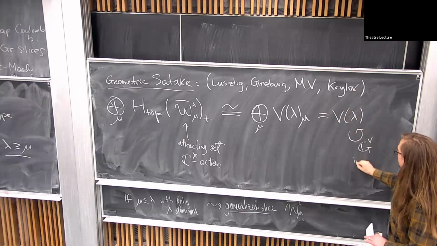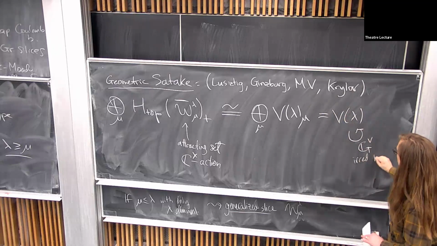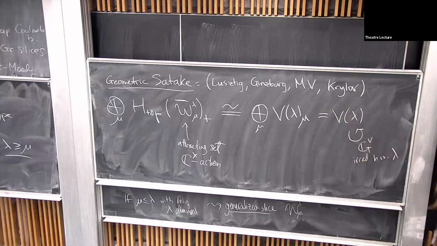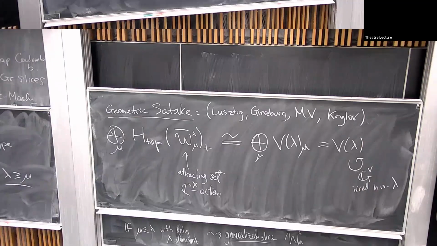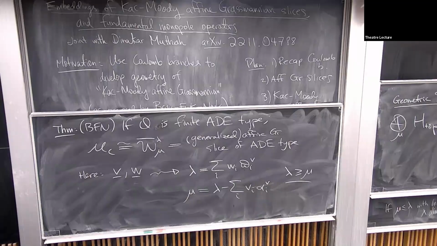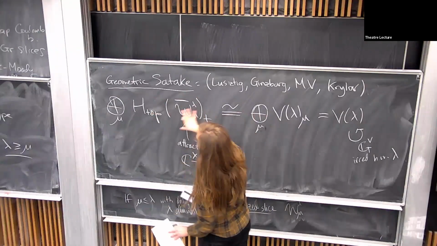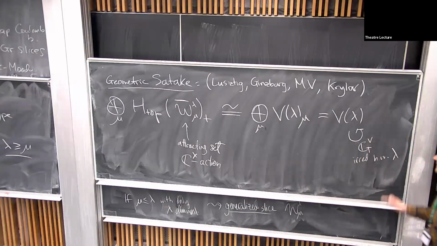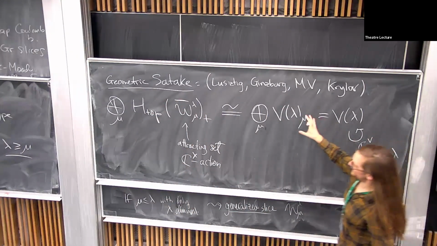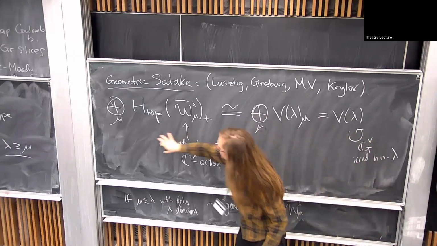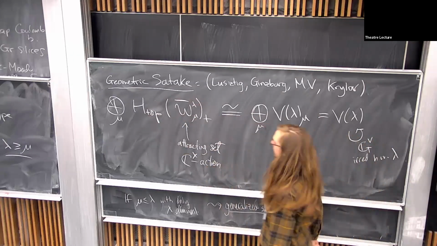This is the irreducible module of highest weight lambda. That's why it's important lambda is a dominant co-weight. Dominant co-weights are like weights for the Langlands dual. And again, you can erase the direct sum and just say each one of these is isomorphic to that. But in this version, notice that there's also a group action. That's all we're saying. There's some natural group action here, or Lie algebra.